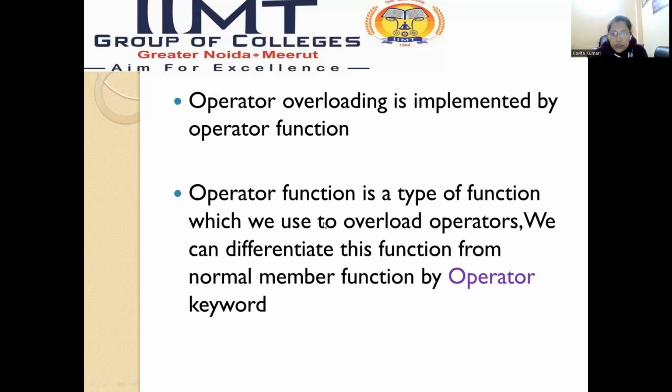Now the question arises, how is it possible that a function name is a symbol? Yes, the C++ compiler provides the provision of giving a function name as a symbol with the help of the keyword known as operator.